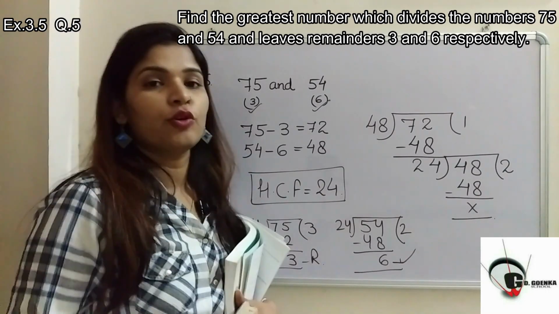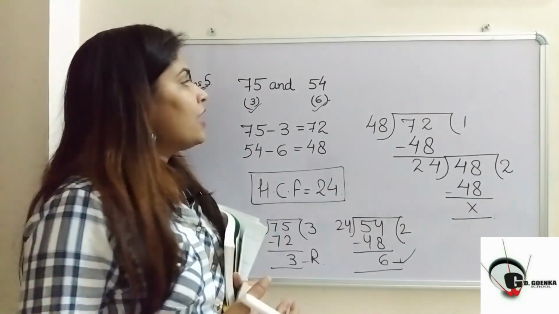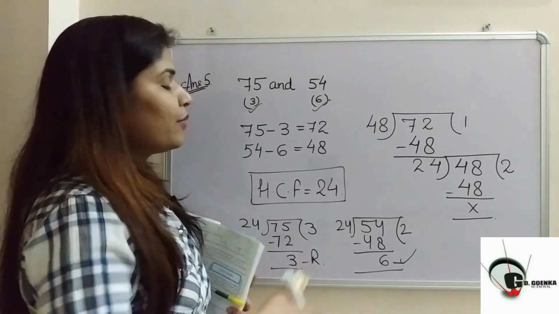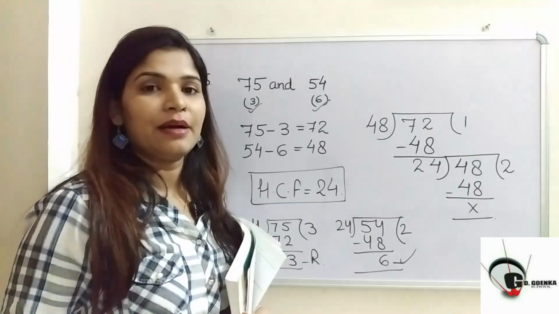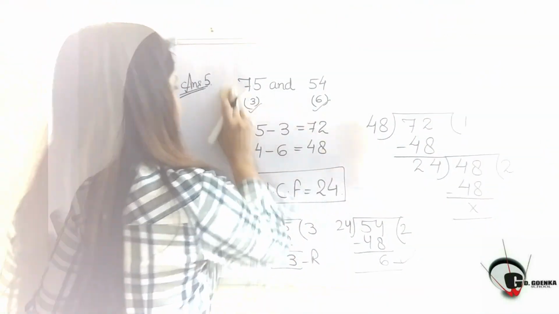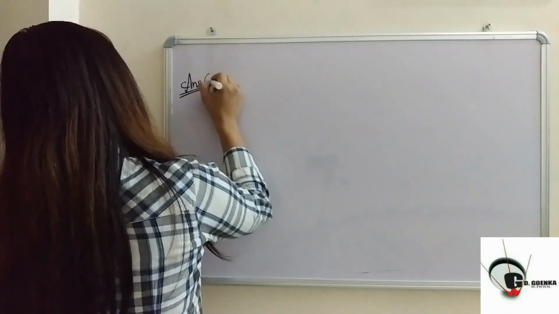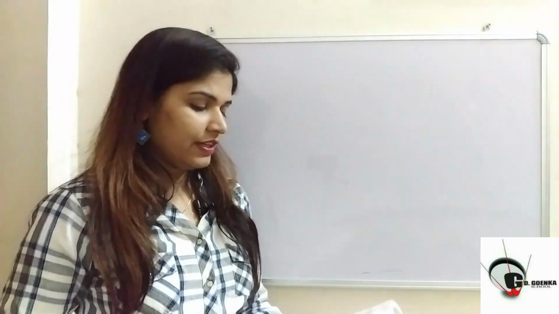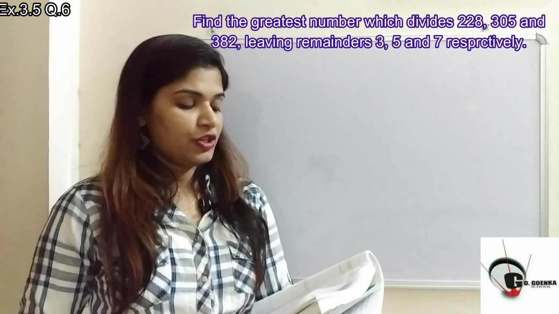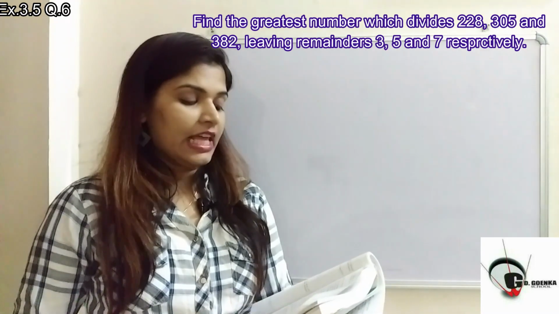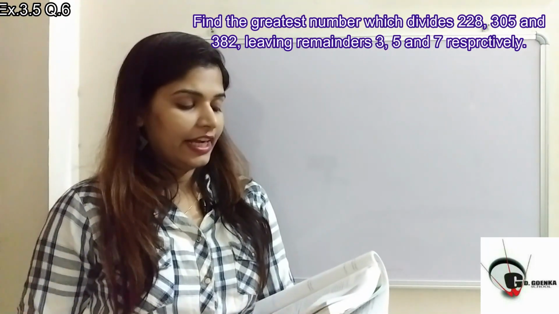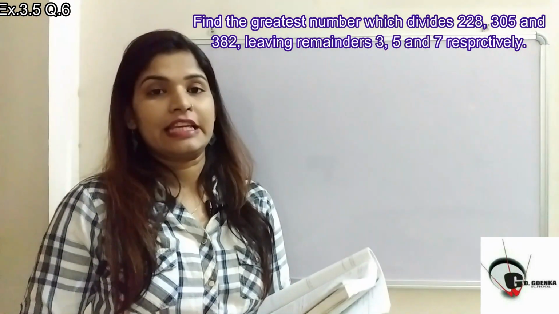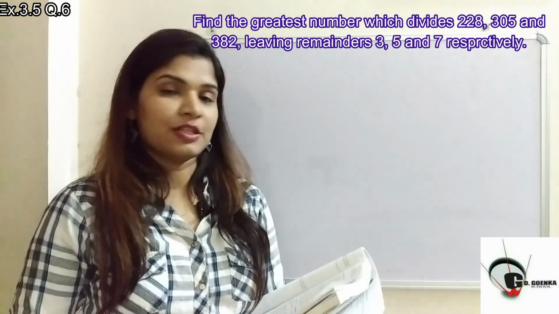So this kind of question generally occurs. Let us see one more question of this type with 3 numbers. The next question is: find the greatest number which divides 228, 305, 382, leaving remainder 3, 5 and 7 respectively.